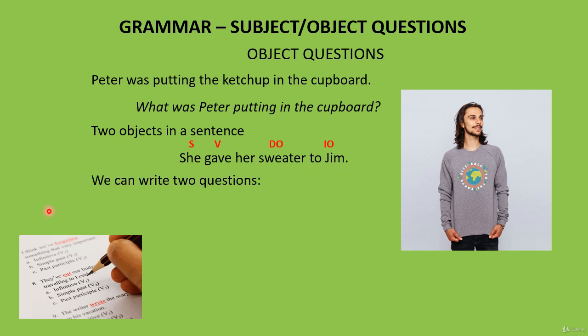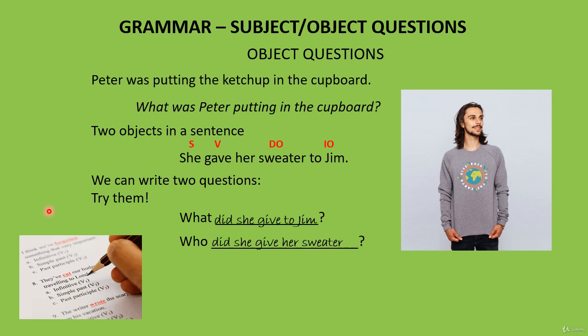We can ask two different object questions from this sentence. Try them. I'll give you a few seconds to think. What did she give to Jim? And who did she give her sweater to? They both follow the same rules.